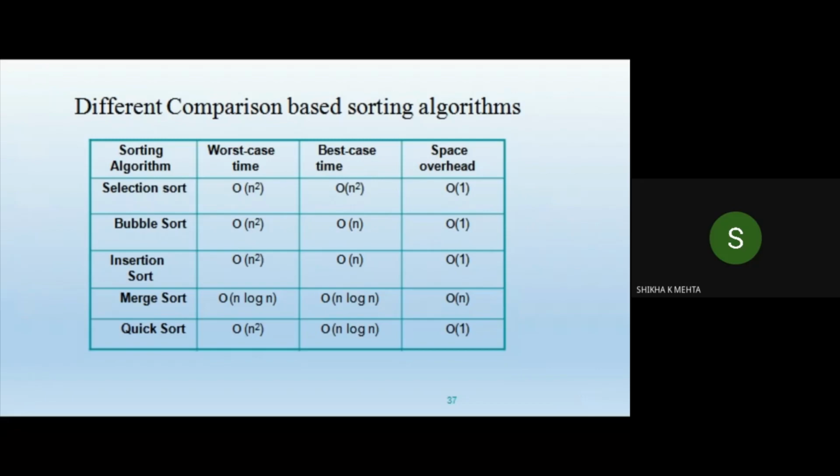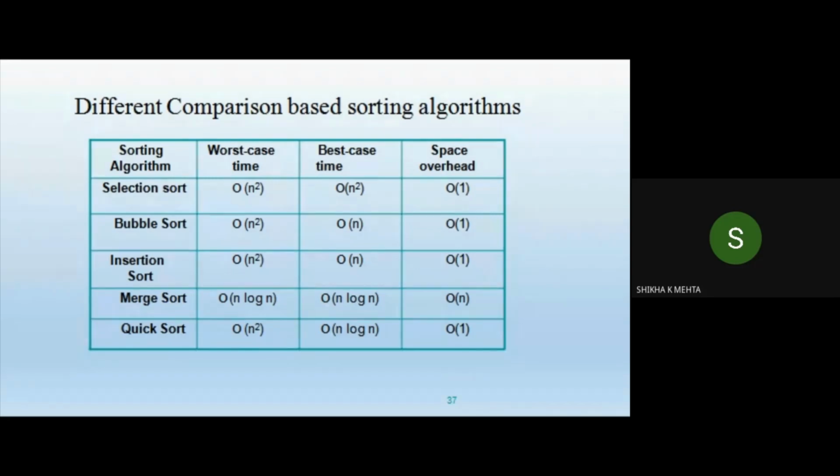On the basis of the various studies that we have done on time complexity, we can compare. Here we can see that bubble sort, selection sort, and insertion sort have the same worst case time complexities, and in the best case, bubble sort and insertion sort are better than selection sort.